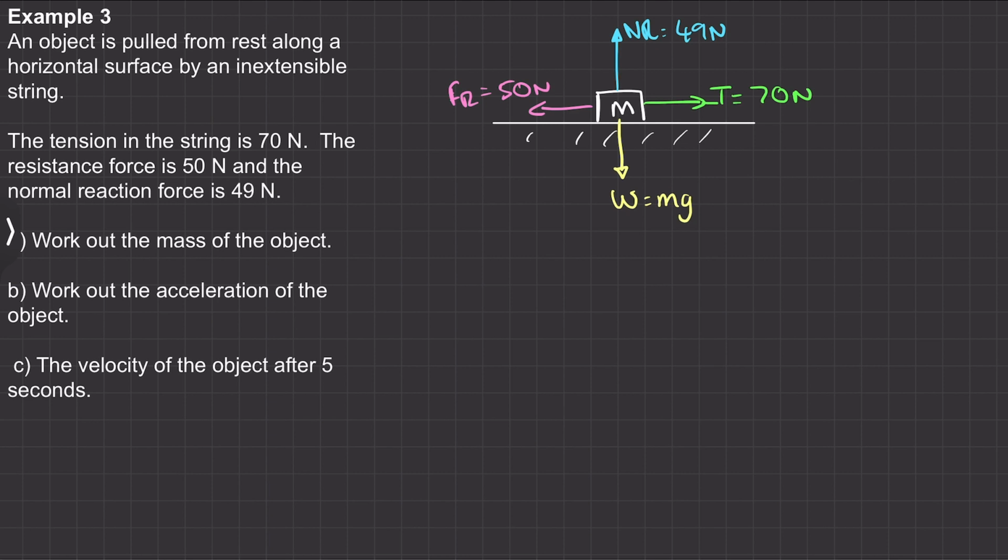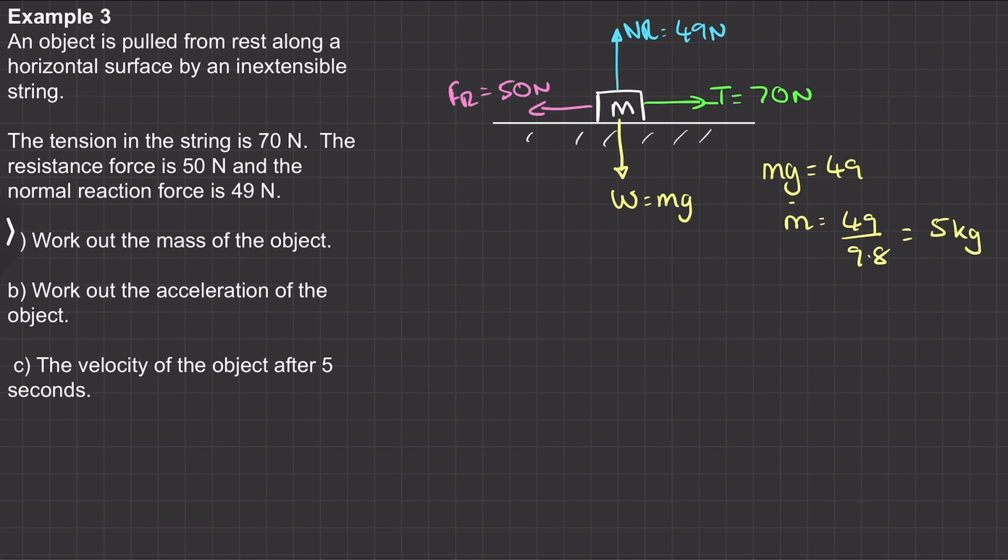And because there's no vertical change, the weight must be equal to the normal reaction. So mg must equal 49 newtons.